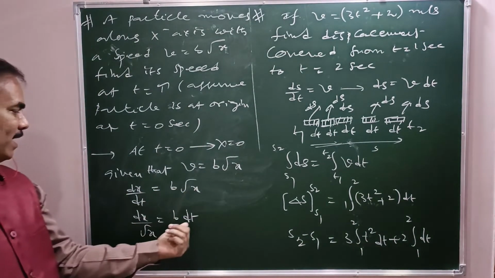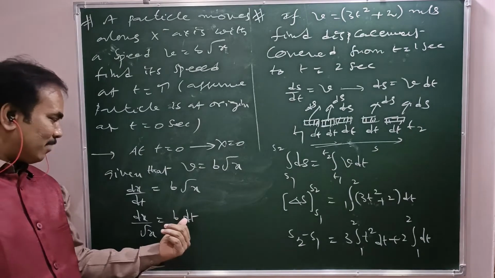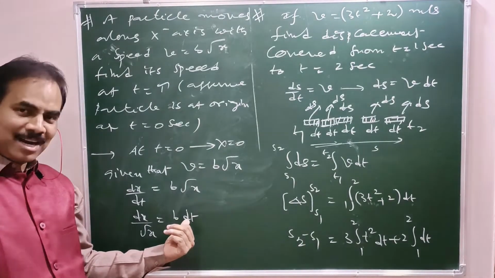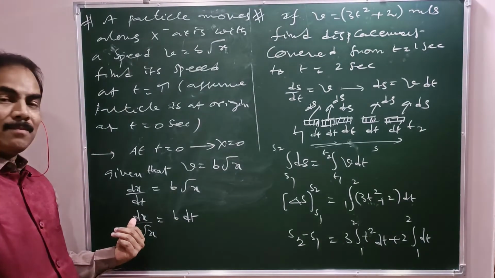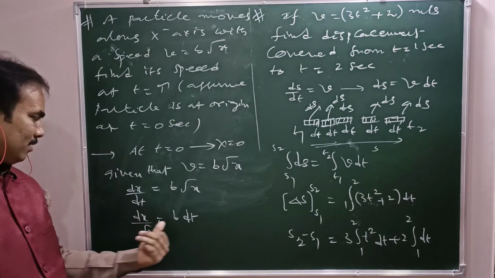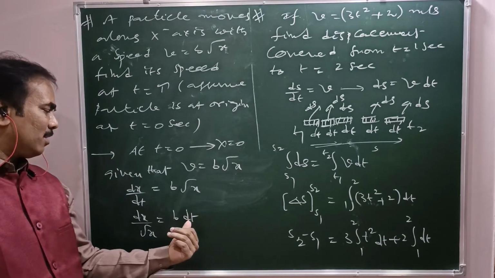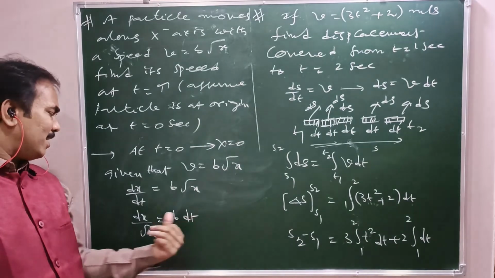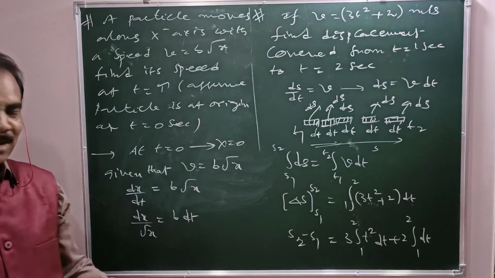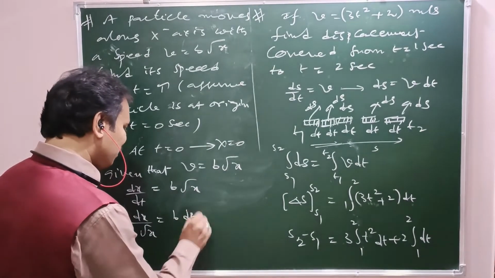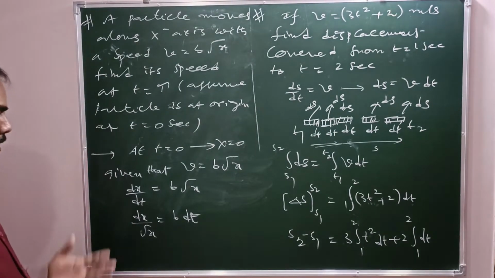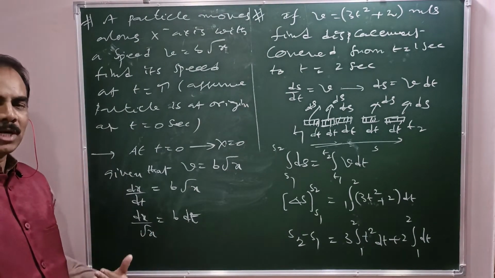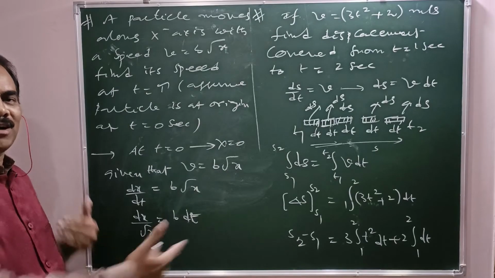dx by root x equals b dt. What does it represent? Within an instant dt, the displacement covered is dx. In an interval from t1 to t2, the particle definitely moves through a large displacement.